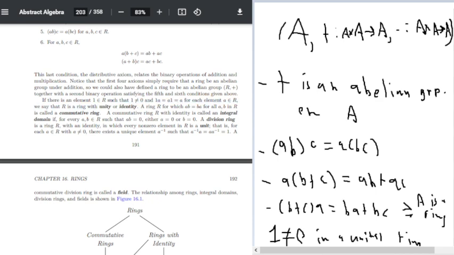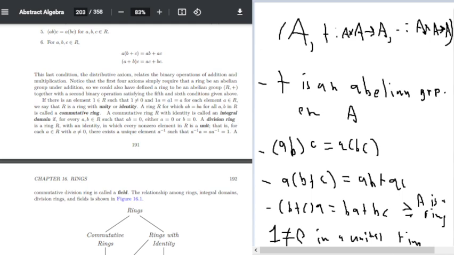Something important to note here is that if we allowed 1 to be equal to 0, we would just define the entire ring to be 0. But we will basically never want to consider that case, considering it's extremely trivial, literally 1 point. If there's an element 1 such that 1 is not equal to 0, and 1a equals a1 equals a for each element a in R, we say that R is a ring with unity or identity. We'll see later on, there's an almost group structure on multiplication. In this case, if it's a ring with unity, we have an identity element.